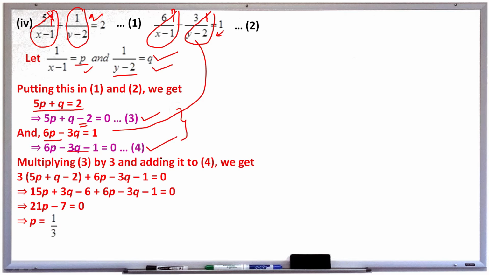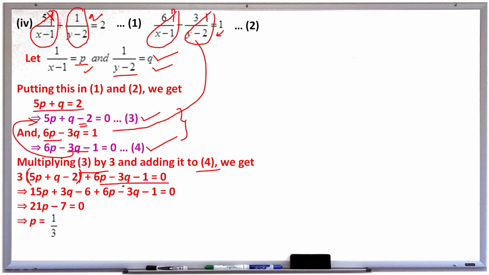For that, multiplying equation number 3 by 3, because the coefficient of q is 3, so we are going to multiply the first equation by 3. Just write it like this, 3 into equation number 3, and adding it to equation number 4. Equation number 4 is as it is, we are not going to change anything.